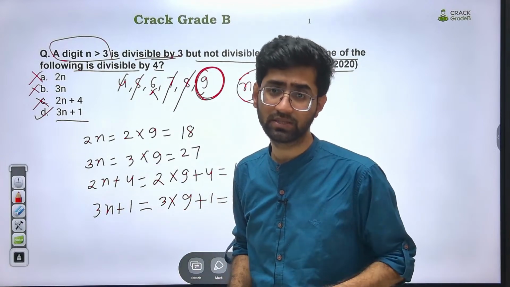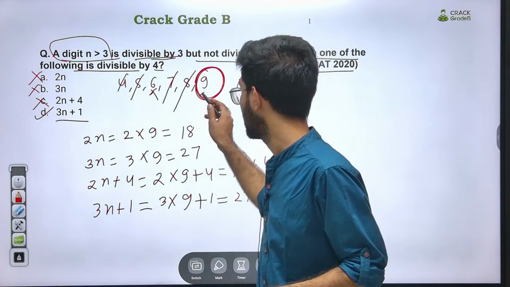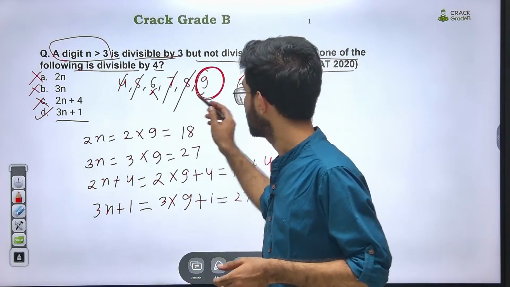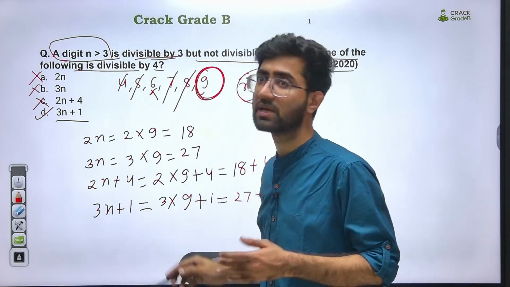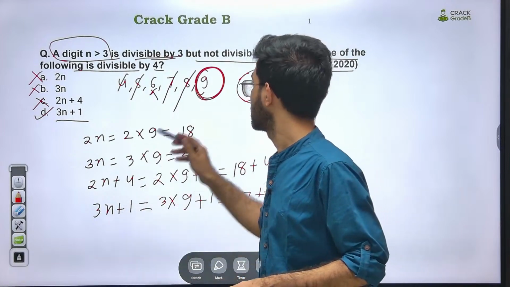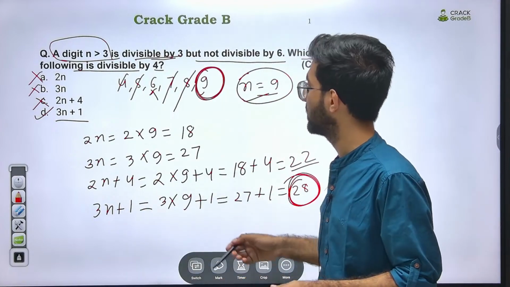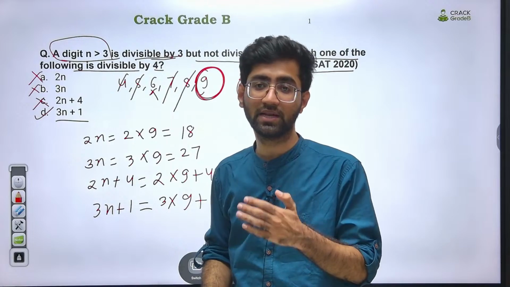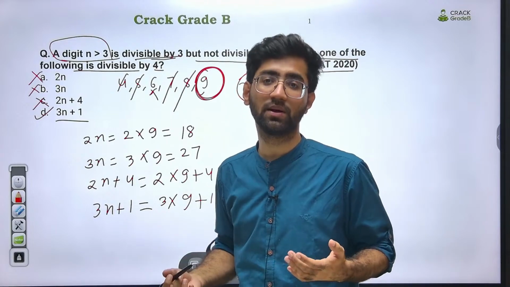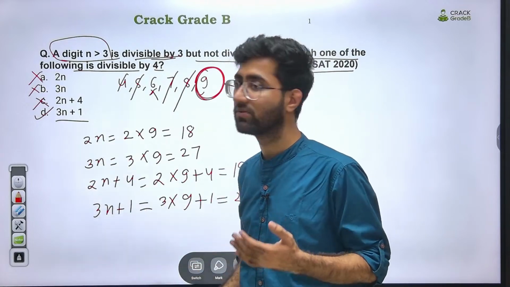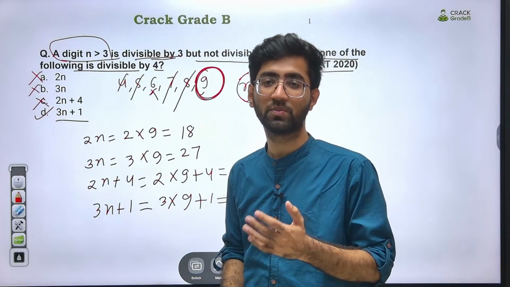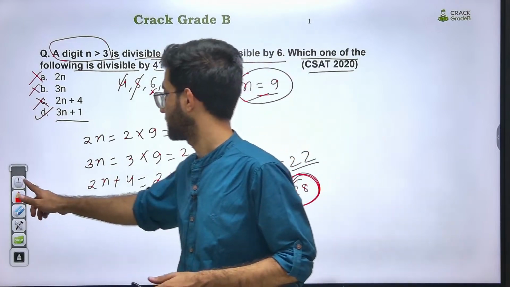Why? Because 6 is divisible by 6, but 9 is not divisible by 6. 9 satisfies all of the given conditions, so the value of n is 9. Then we put the value of n in all of those options, and we are able to find which one is divisible by 4. Option D is the correct answer.